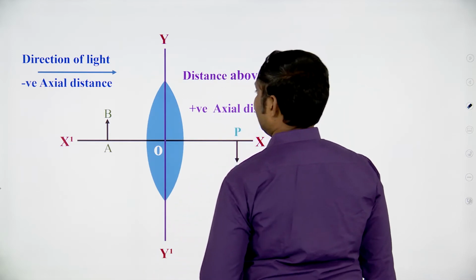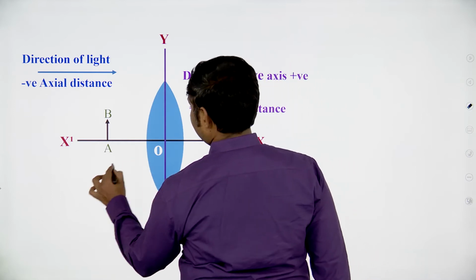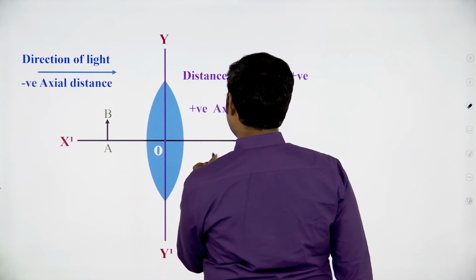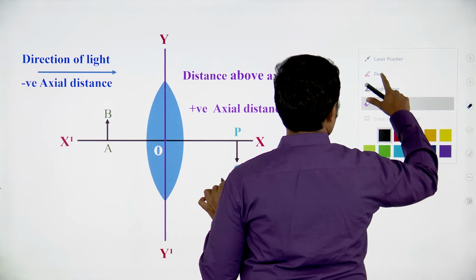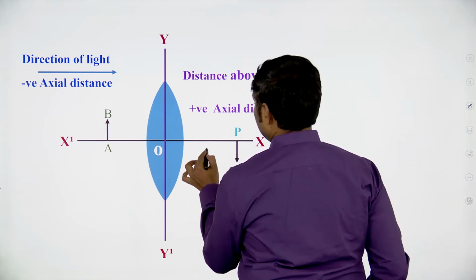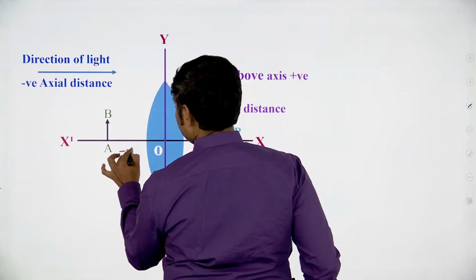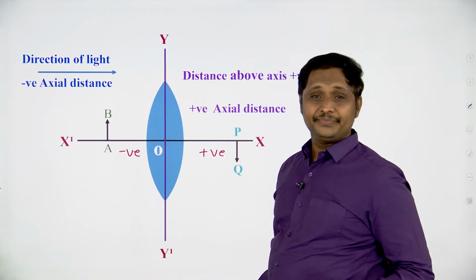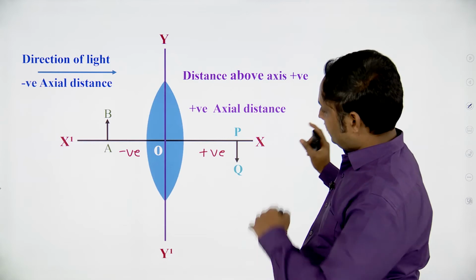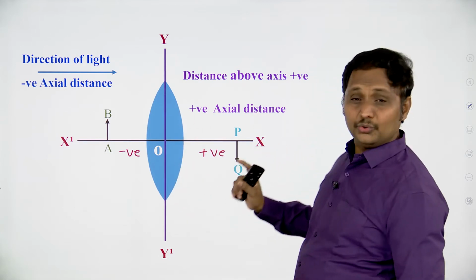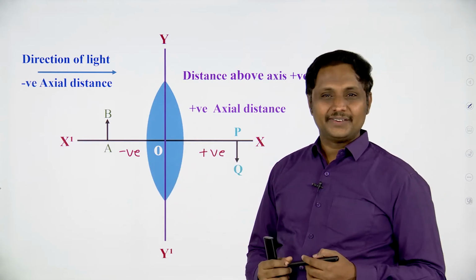Yes, OP and OA, you can take that. This is going to be positive. This is positive, this is negative. The right hand side and left hand side are according to the coordinate system.